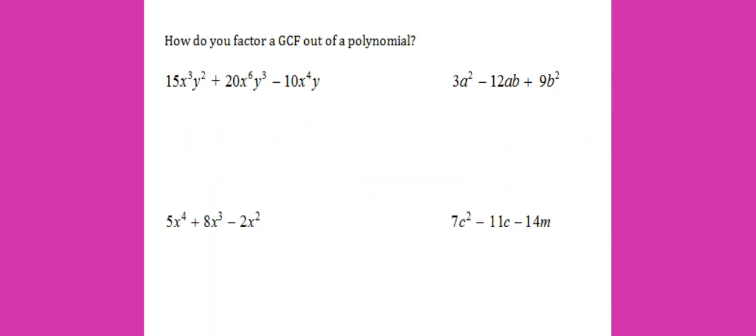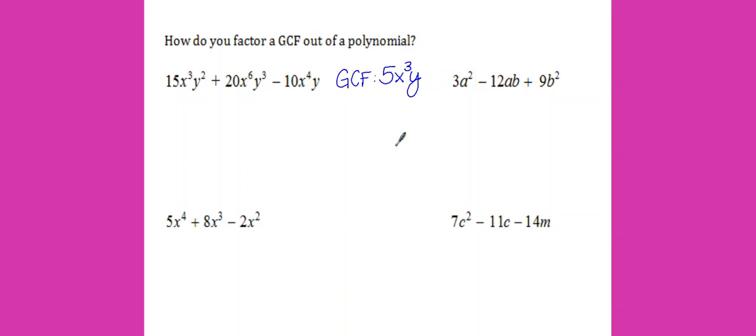So how do you factor out a GCF of a polynomial? The first thing you need to do is figure out what the GCF is. And we actually found the GCF for all of these on the front. So for 15x cubed y squared plus 20x to the 6th y cubed minus 10x to the 4th y, we said the GCF was 5x cubed y.